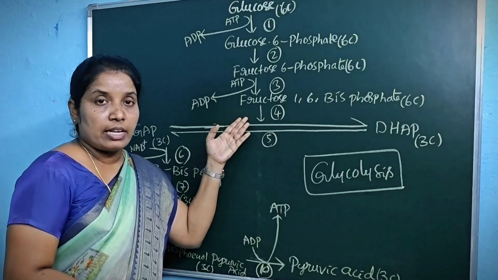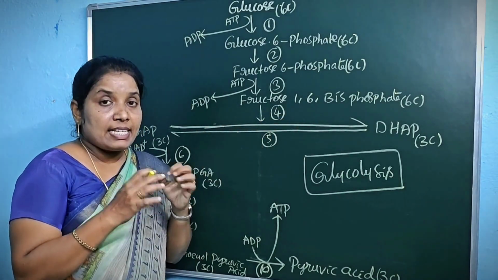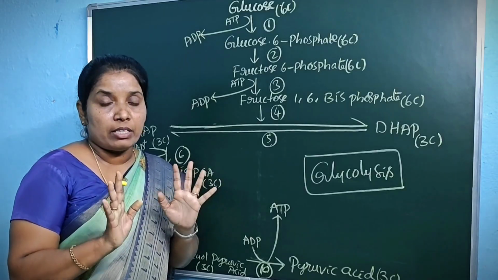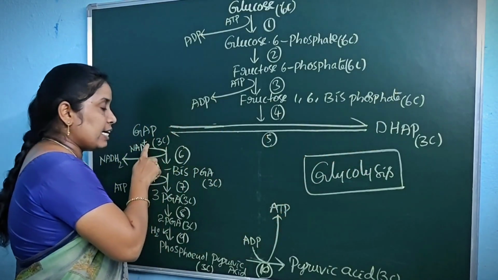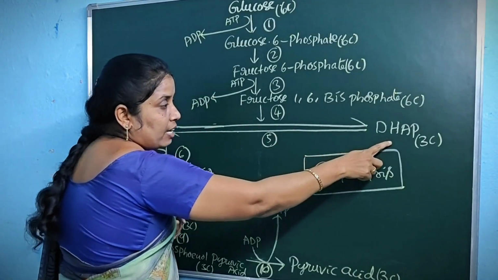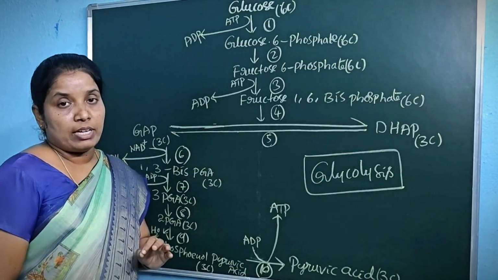So let's see the fourth step. Here fructose 1,6-bisphosphate breaks down into two 3-carbon compounds. They are nothing but GAP and DHAP: glyceraldehyde phosphate and dihydroxyacetone phosphate. Actually these two are also isomers. Why?